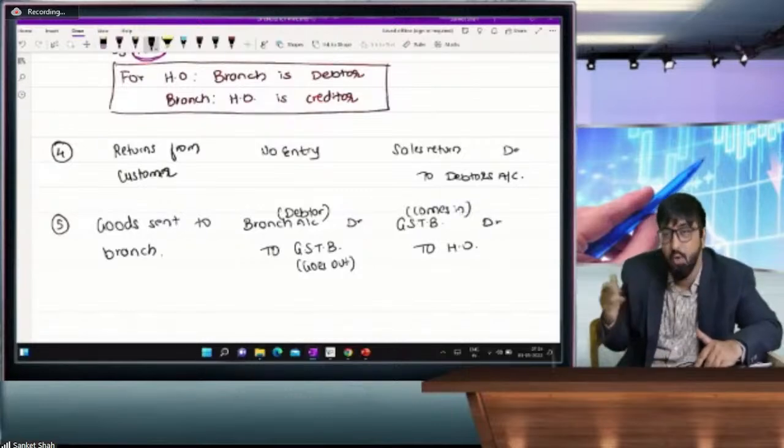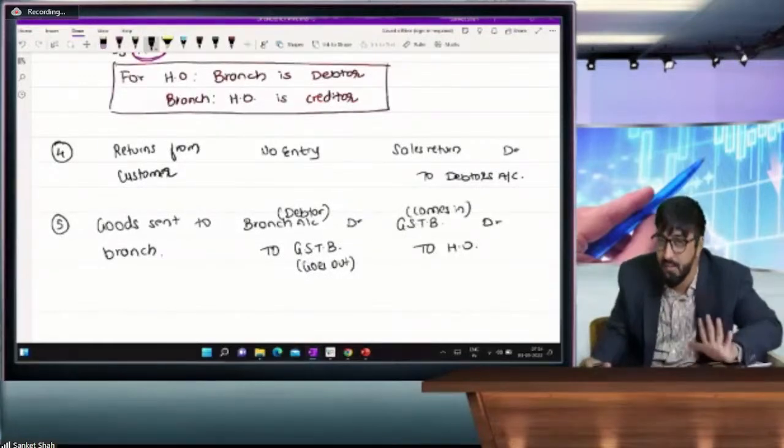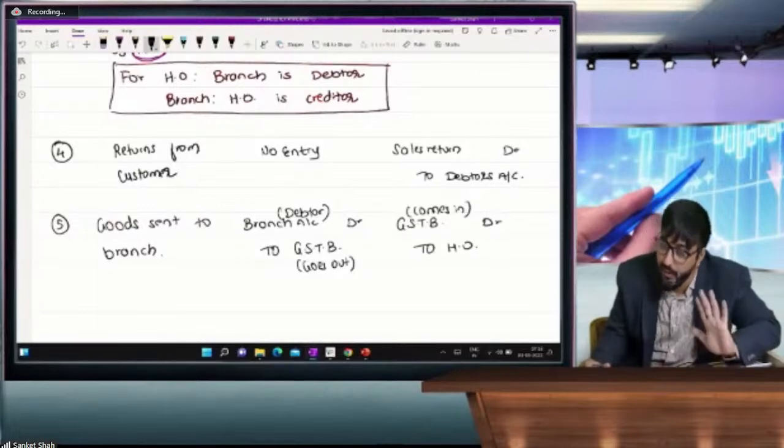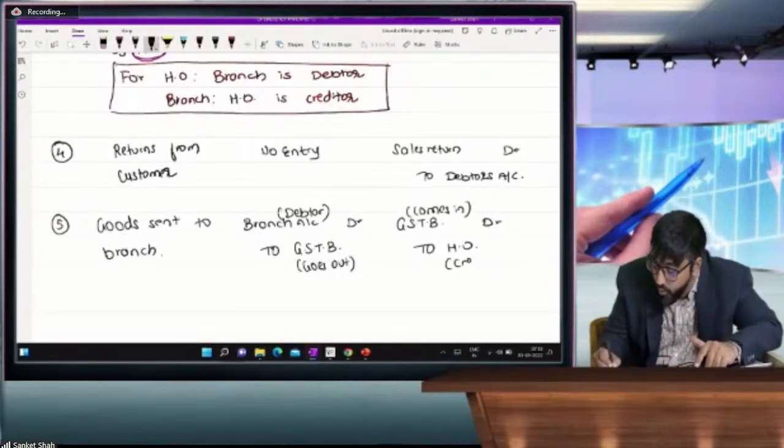Why? I will tell you later. Goods come in and keep it as goods sent to branch account only. Don't record it as goods received from HO. So goods come in and we have to pay to HO, so HO is our creditor.